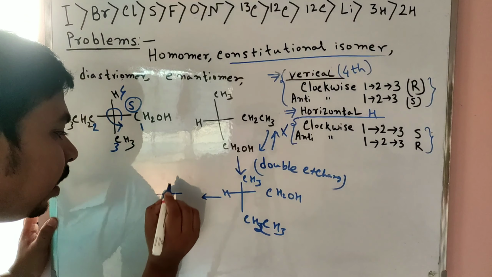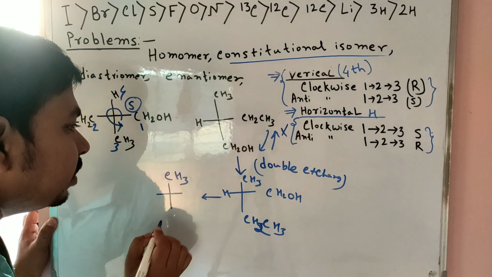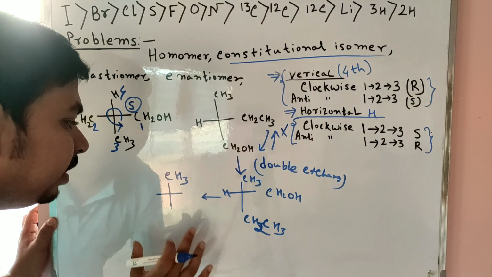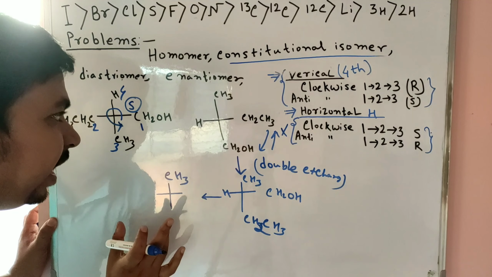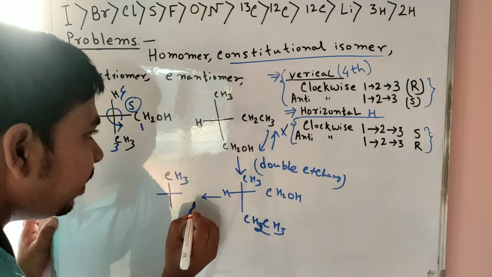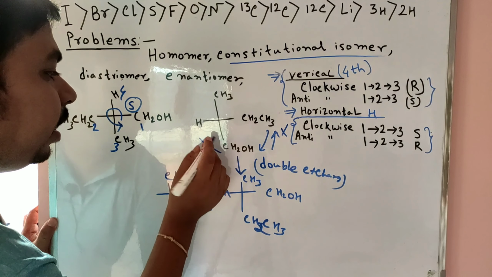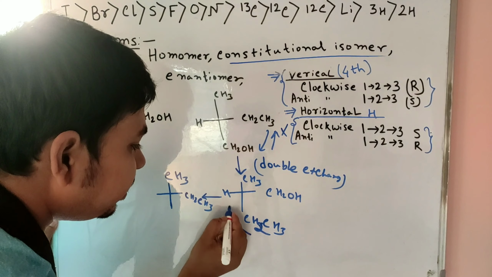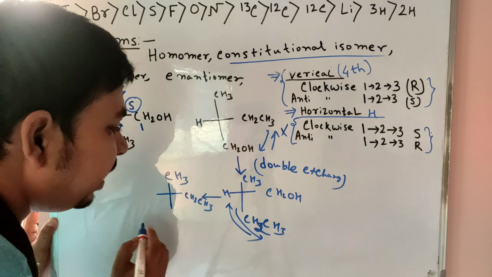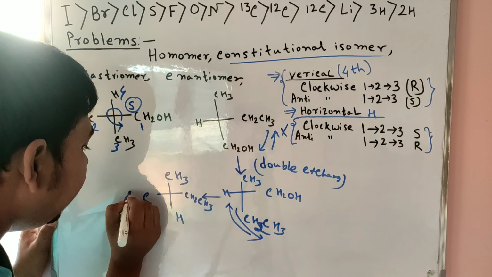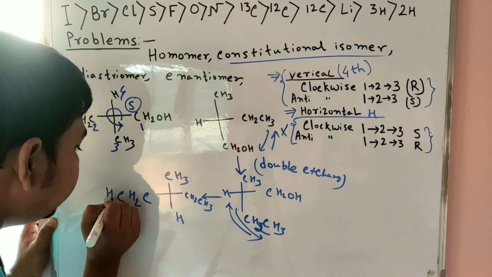That is a single exchange at that step. Then when we do the second exchange, CH3 and CH2CH3 remain the same, and these two change their position. So hydrogen is here and CH2CH3.